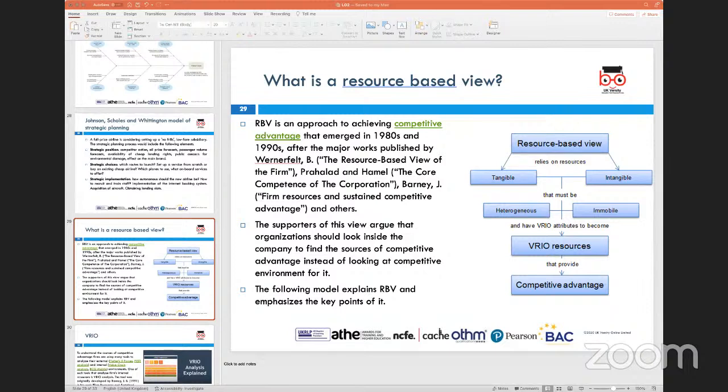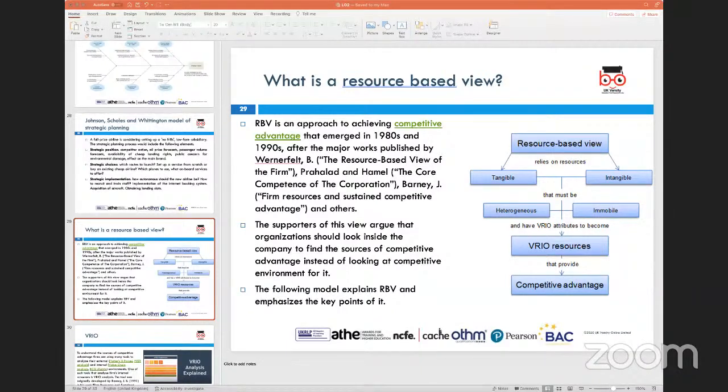And Barney, Hamel and Prahalad basically supported the view that organizations need to look inside their own resources within the company to see if they can get a competitive advantage to continue to market and sell these products to their consumers and customers.